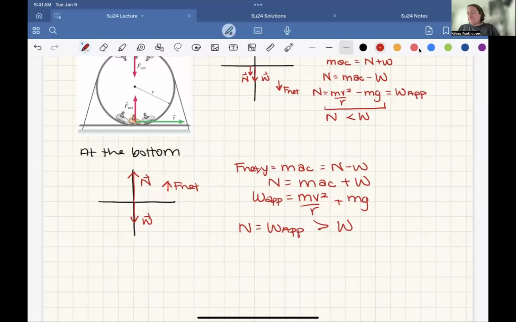One important thing with this example, and especially just in general, is that apparent weight really shows the importance of not trying to get to this step without doing the step ahead of it. Because you could look at that and say, why does my net force plus the weight equal this?